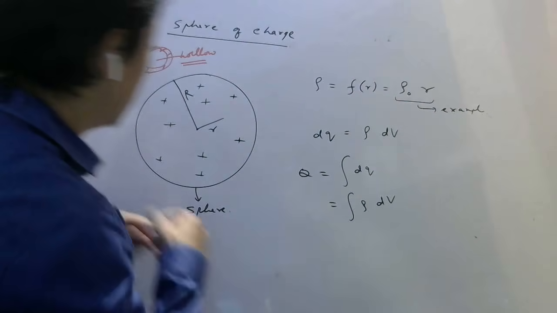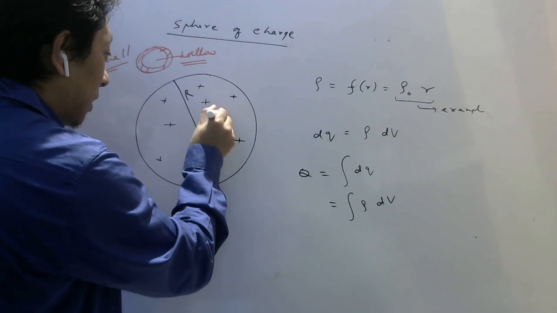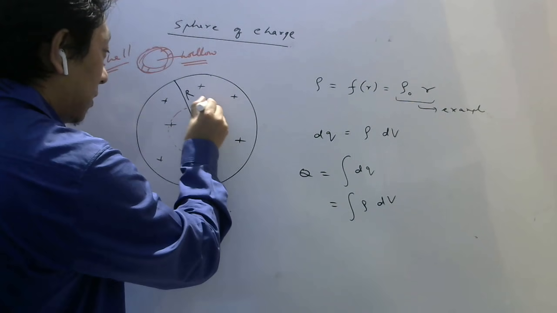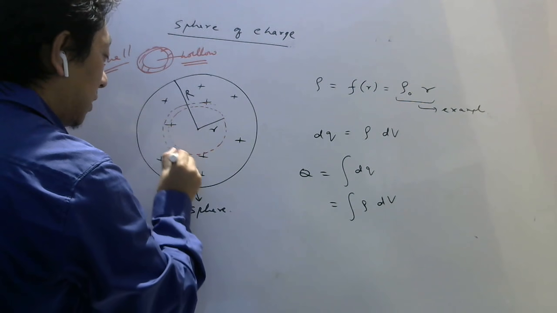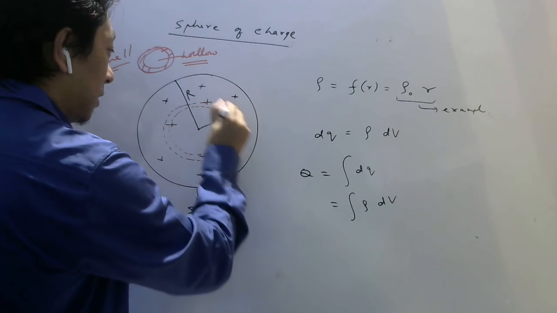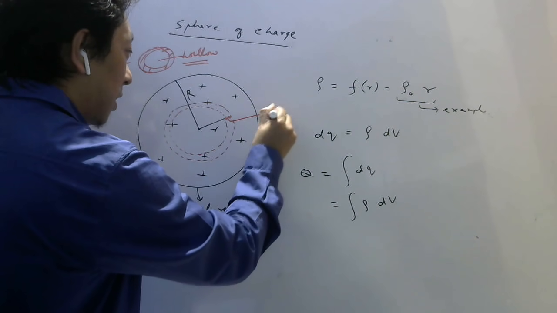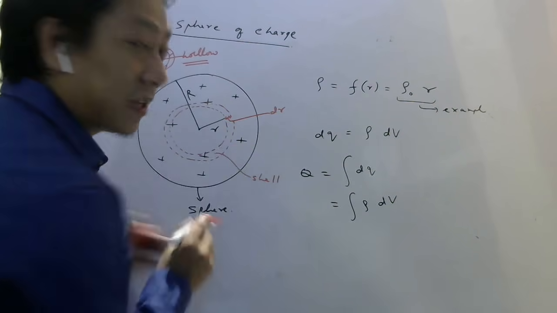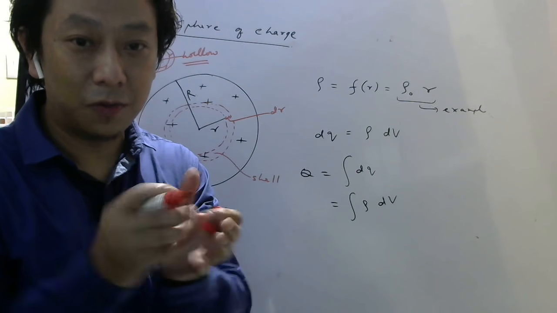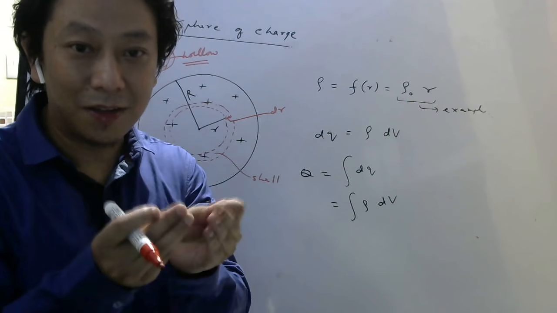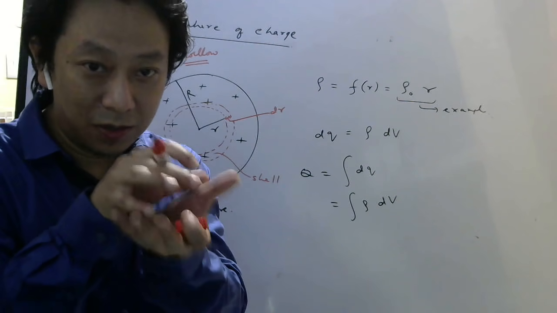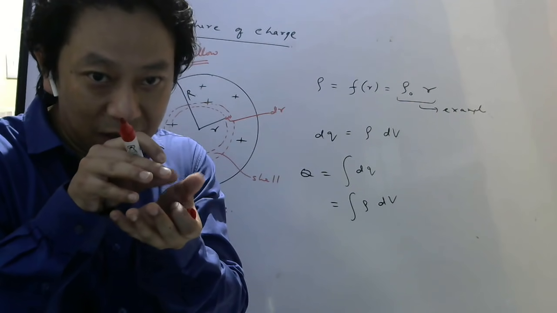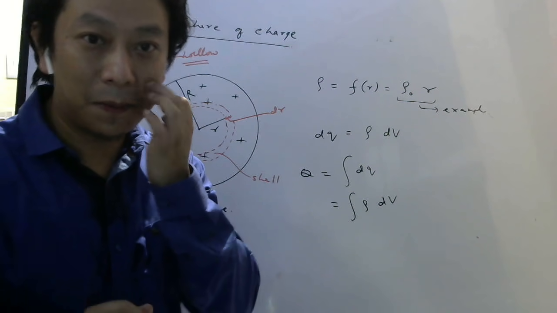So you should consider here a small shell whose radius is r and thickness is, what should I write, dr. So this is a shell. See, it's like an onion. If you peel an onion, you will get shells. So you can think that the whole onion is made up of shells, starting from a small shell and becoming bigger and bigger. Correct or not?